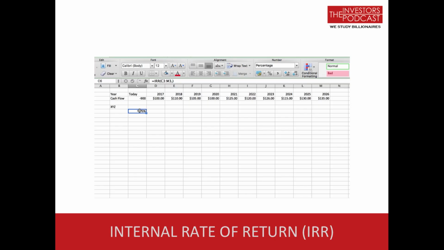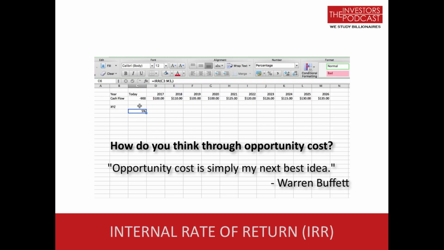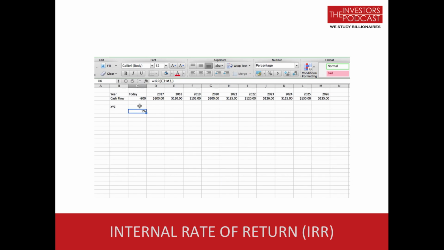So when you think through these different options and you study Buffett and Munger and all these brilliant billionaire investors, Buffett's constantly asked, how do you think through opportunity cost? And Buffett says, well, opportunity cost is simply my next best idea. And what he's getting at is, if I can buy this for 5%, and I don't think that there's a lot of risk in these actually not coming true, that's where you're talking about risk.